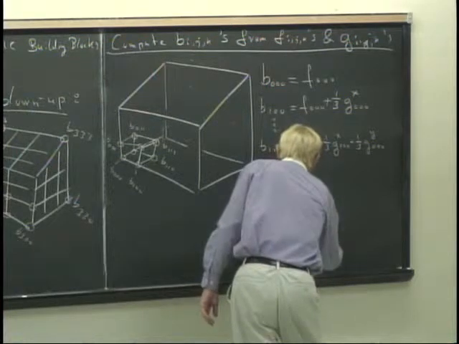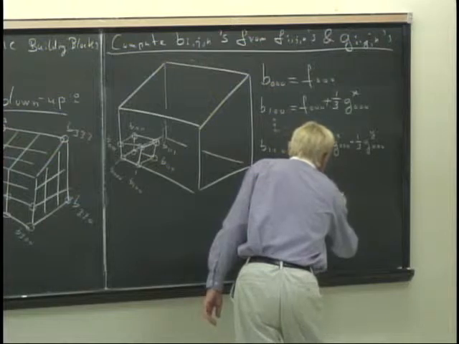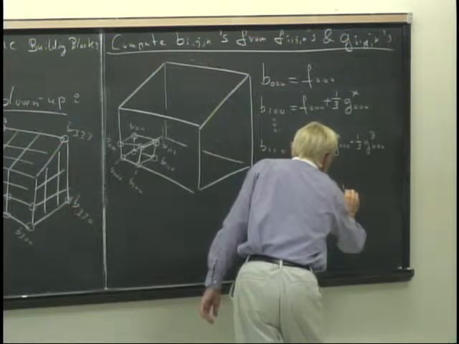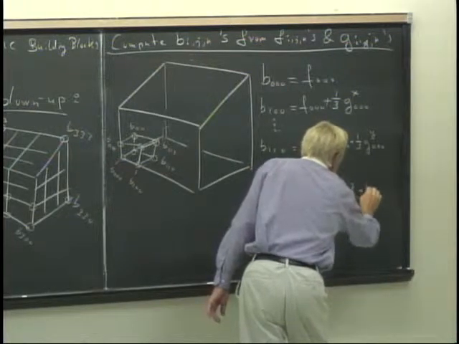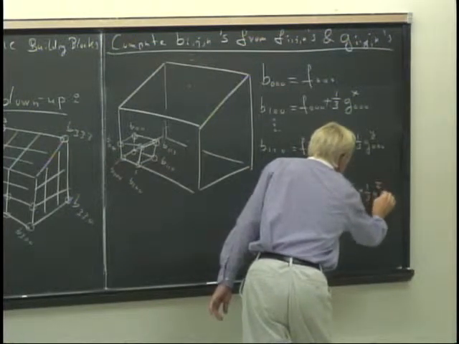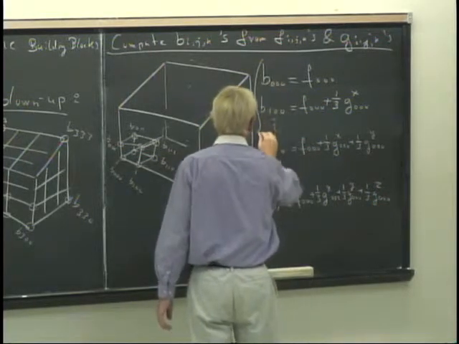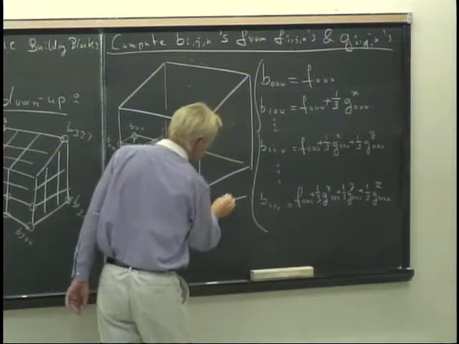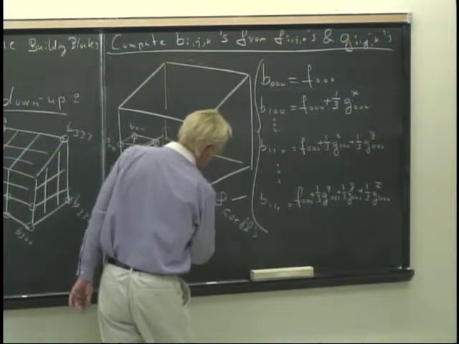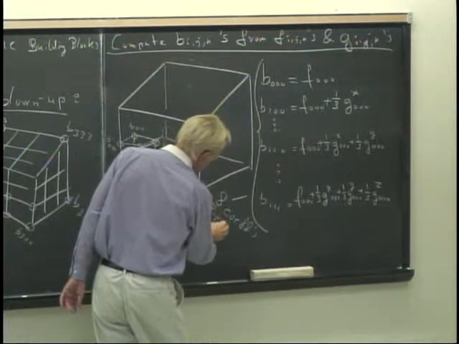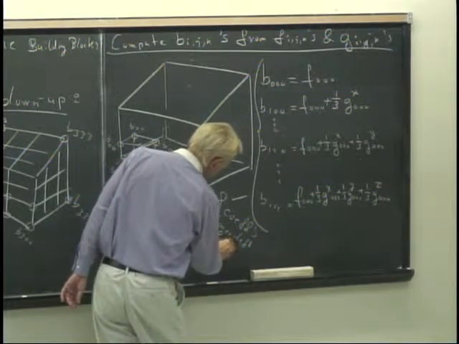And follow your intuition, and it's f000 plus 1/3 gradient in x at that corner plus 1/3 gradient in y at that corner plus 1/3 gradient in z direction at that corner. So these are 8 coefficients for the lower left front corner.